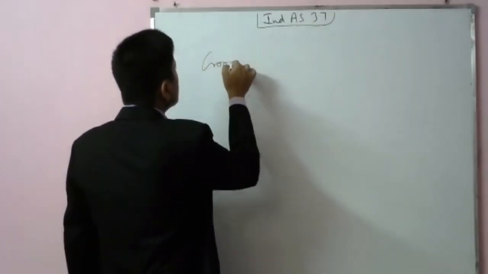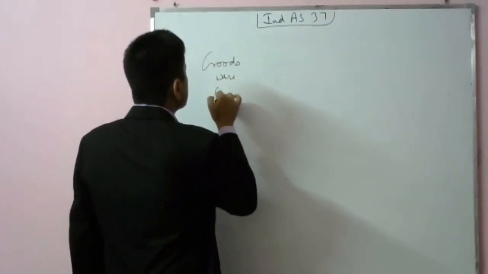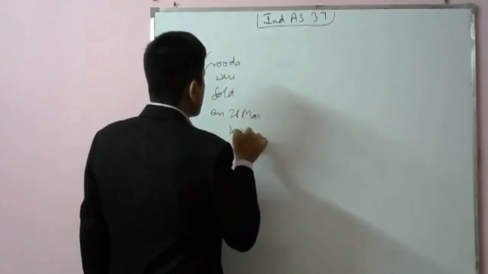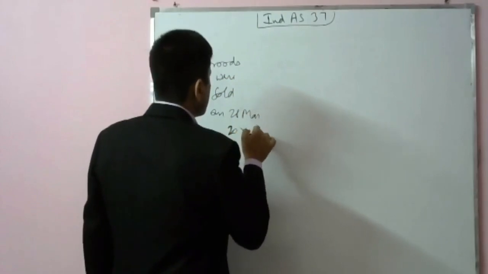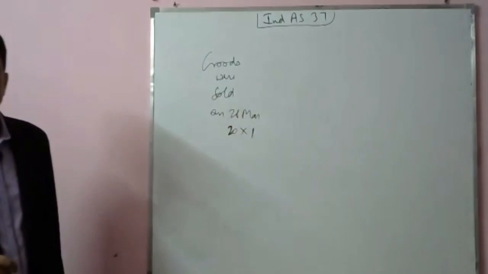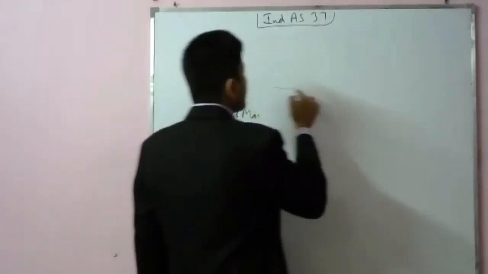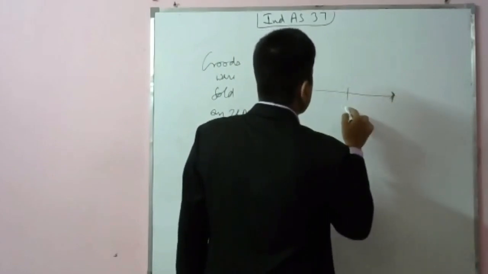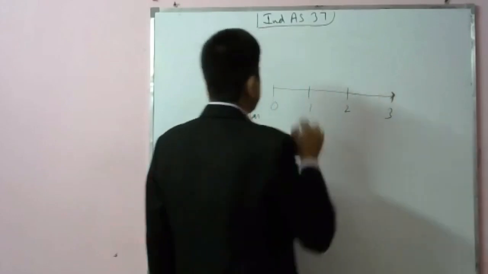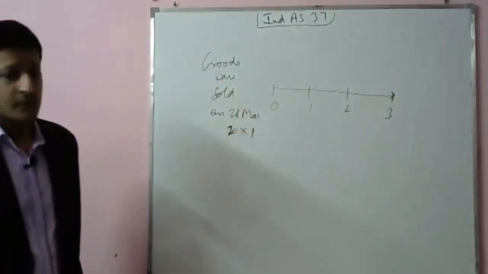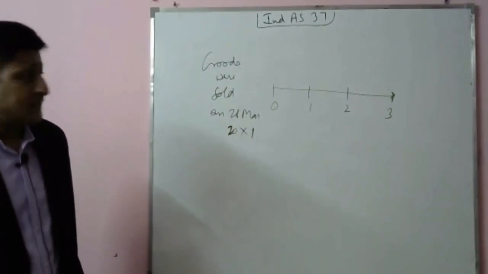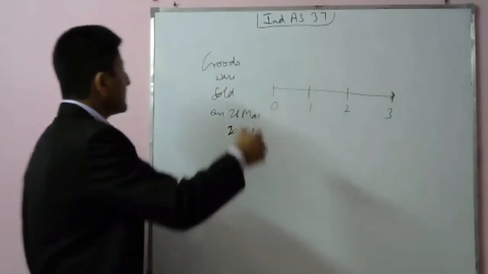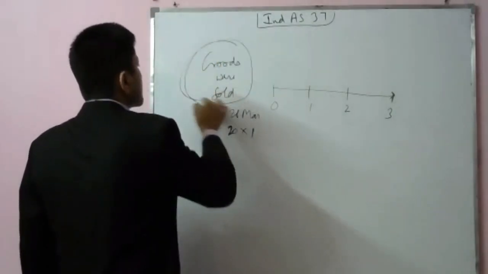Goods were sold on, say, 28th of March 2010, after which there is a warranty period of 3 years. Now, what is the past event which may trigger the warranty provision? This thing, sale of goods.